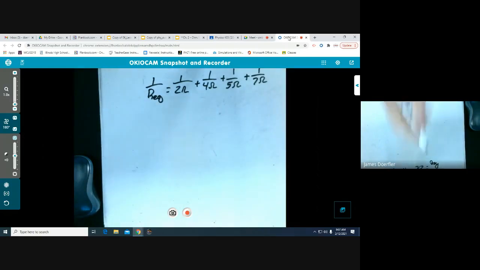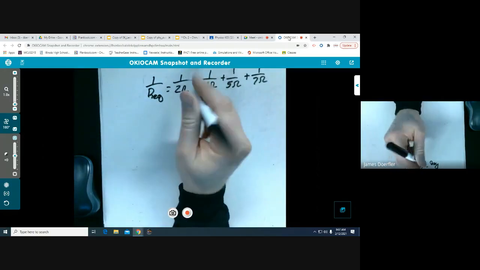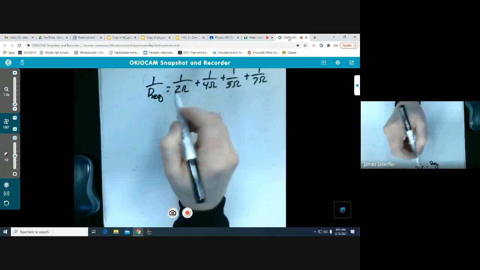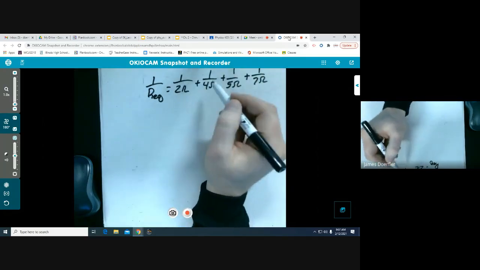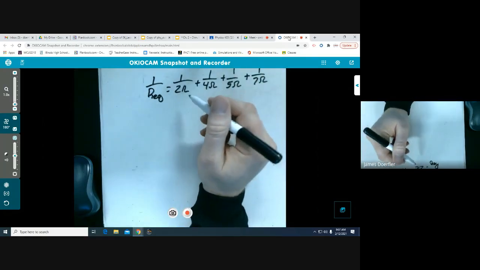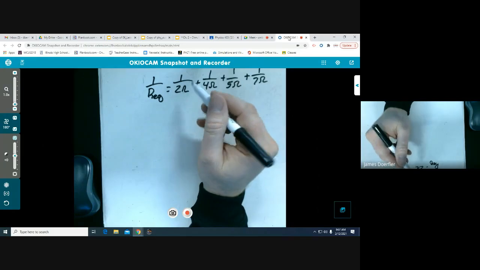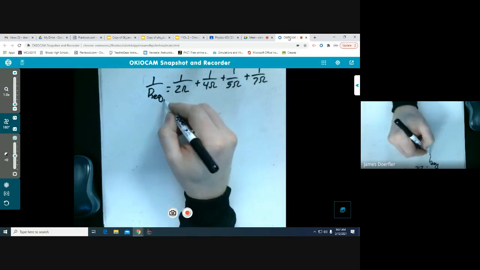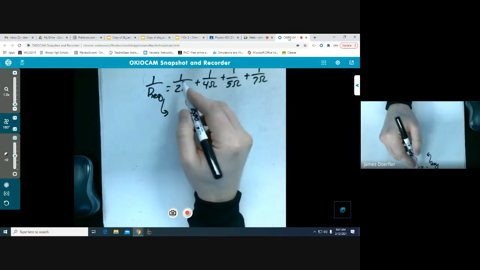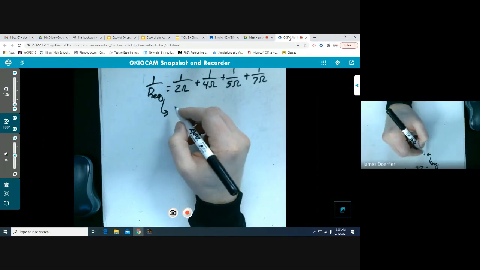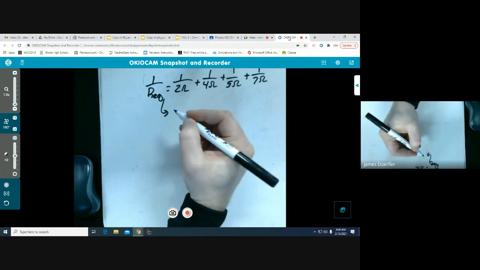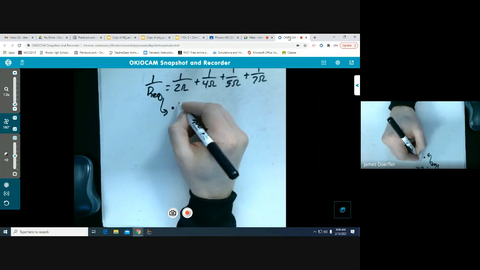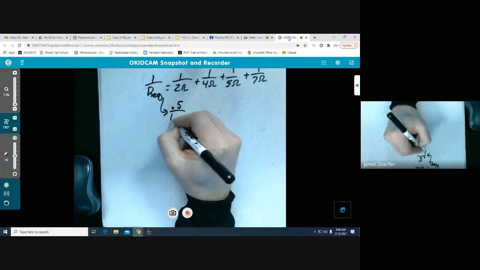So what we want to do before we really do anything is treat these like small individual fractions that we want to convert into decimals. Okay, so we're going to take 1 over 2. What's that decimal? 0.5. 0.5 over 1 ohm.